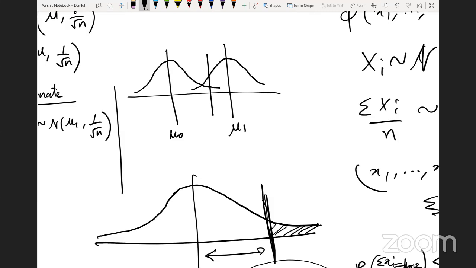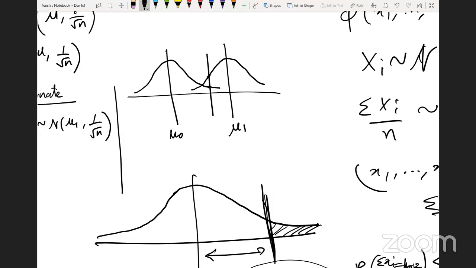By looking at this, you can say that the PDF for mu1 is much greater than the PDF for mu naught, right? So maybe the null hypothesis is actually false. And what alpha does is it quantifies this. It will tell you till what value we should not reject the null hypothesis, and beyond what value we should reject the null hypothesis.